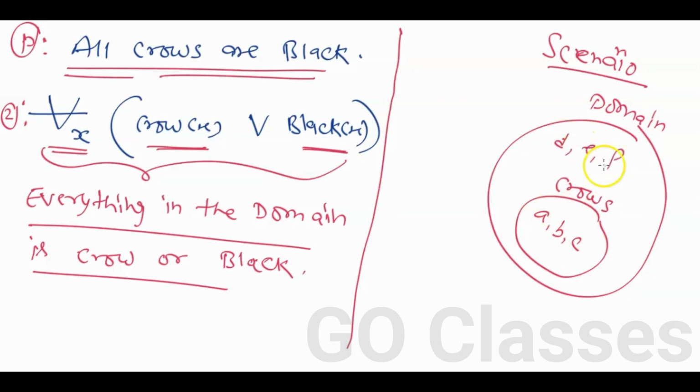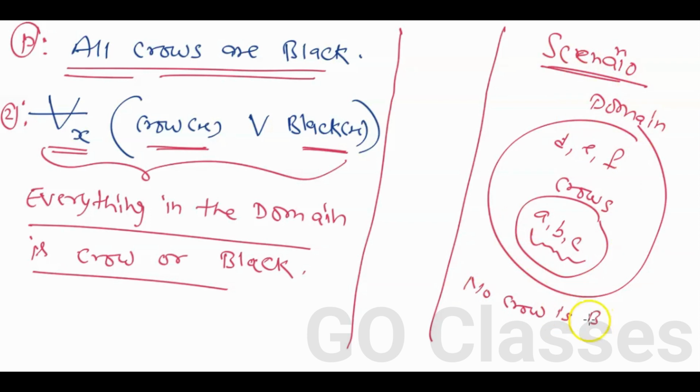Okay, D, E, F. Now consider the scenario where no crow is black. Just consider this, no crow is black. And let's assume that all these non-crows are black.